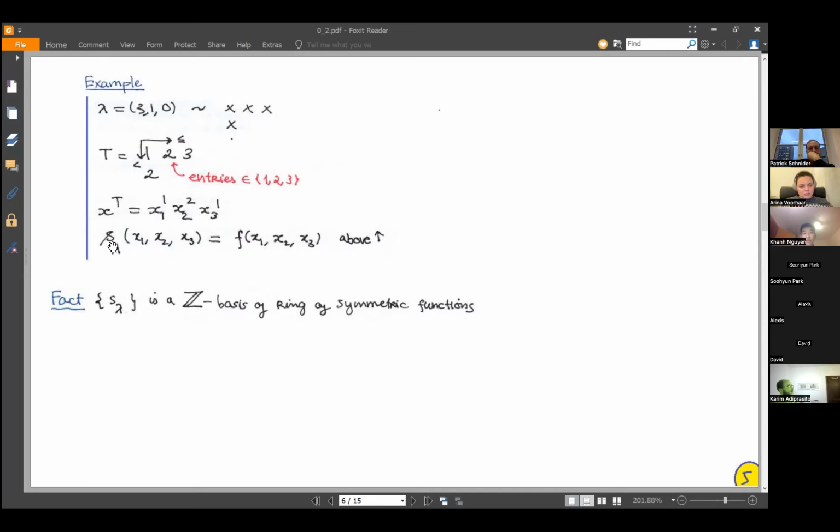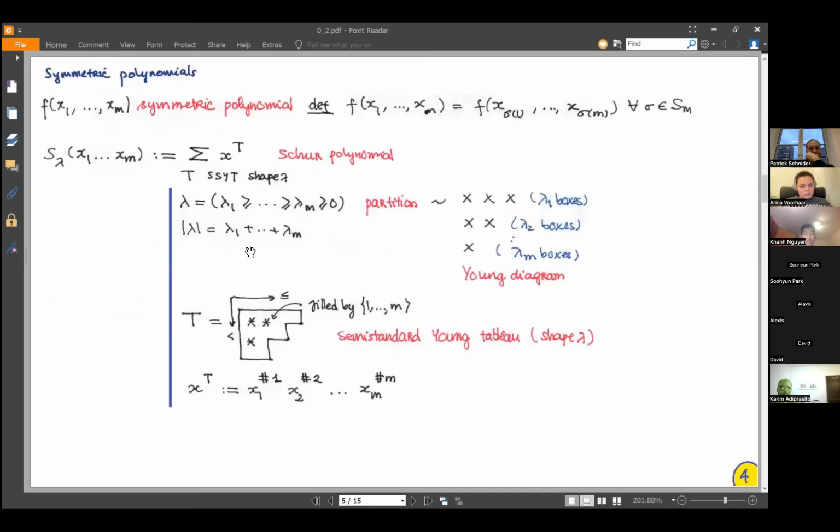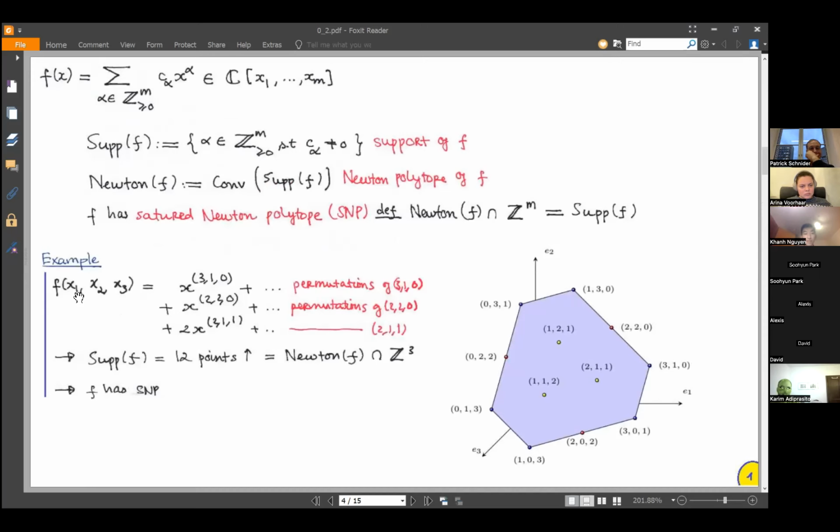Here I have s_lambda of x1 to x3, which is exactly the function f above. You see it is given by this. So that equals x^(3,1,0) plus something, and it is similar for (2,2,0) and 2 times (2,1,1).